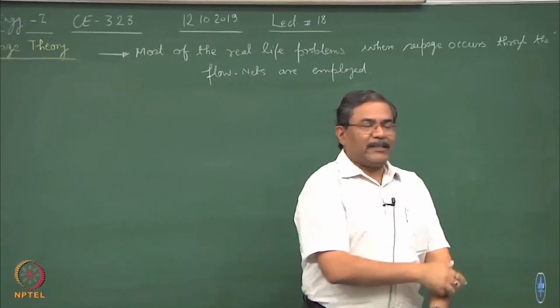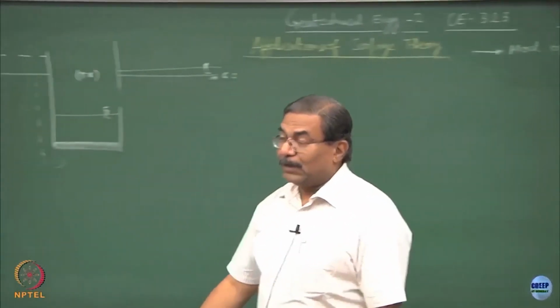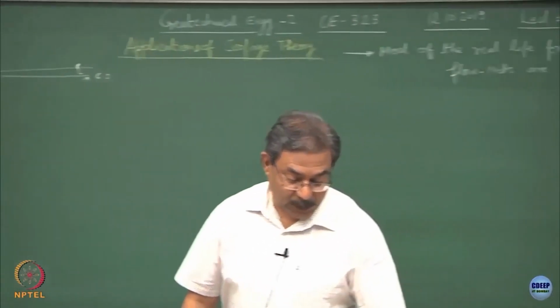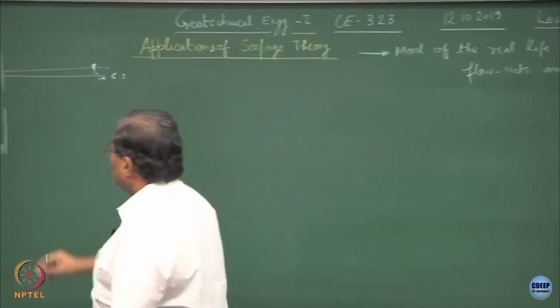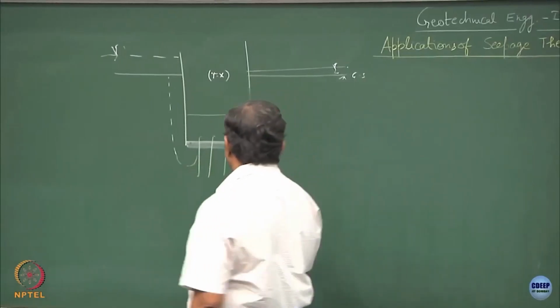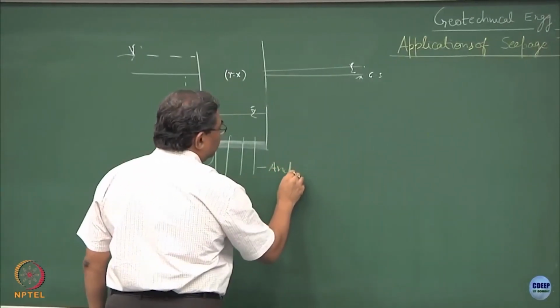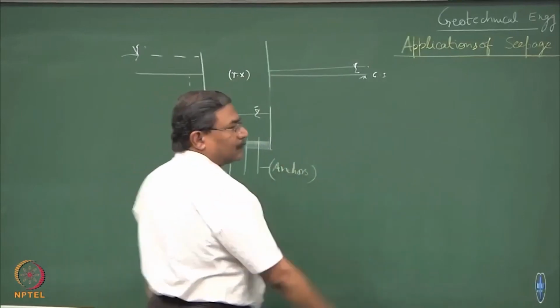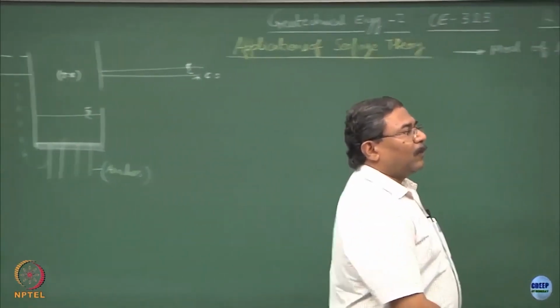Now, if you are not satisfied still, suppose the water table is very, very close and dynamic situations and what not, do proper anchoring. What are anchors going to do?